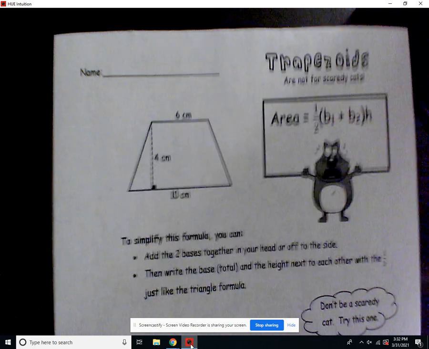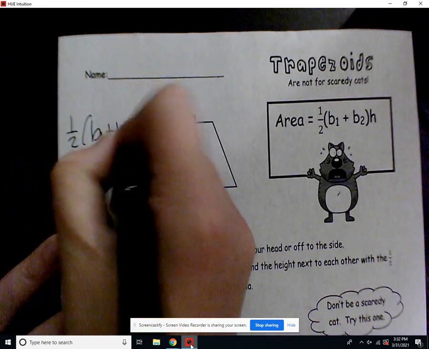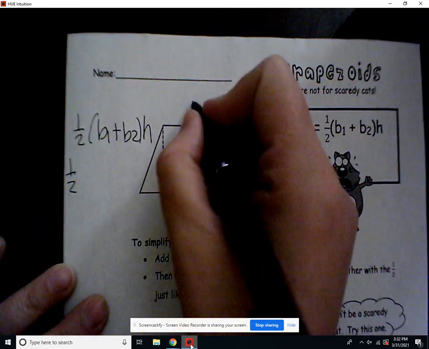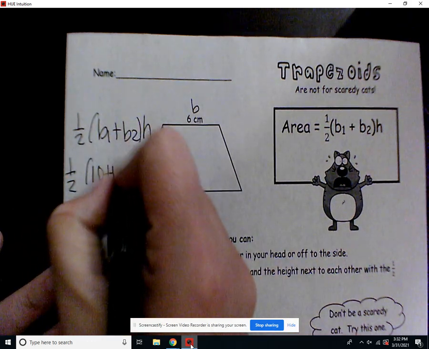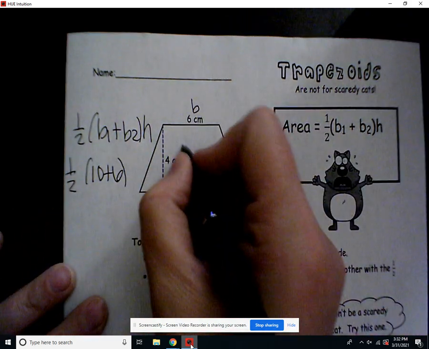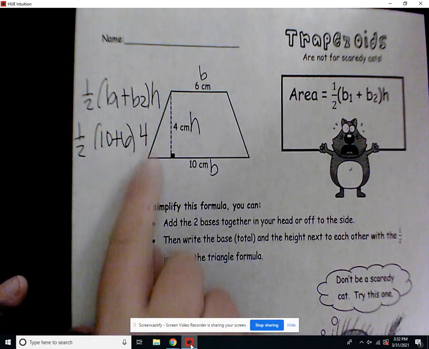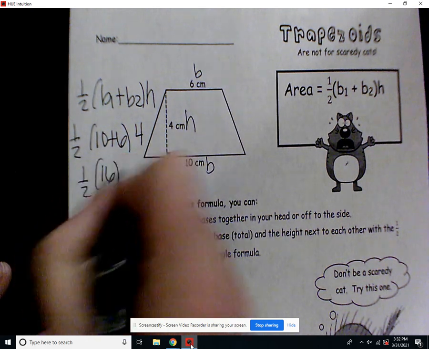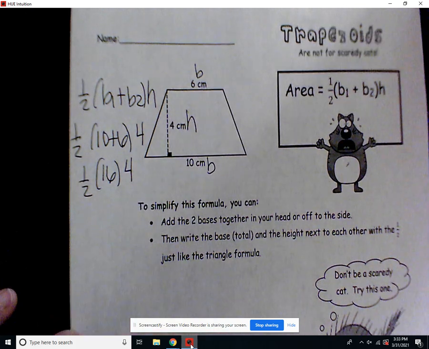Okay, so start off with our formula. All right, so there are our bases. We have 10 and 6, and then our height is 4. So we're going to add them together, 10 plus 6, which is 16. Then we're going to multiply 16 times 4, which is our height.